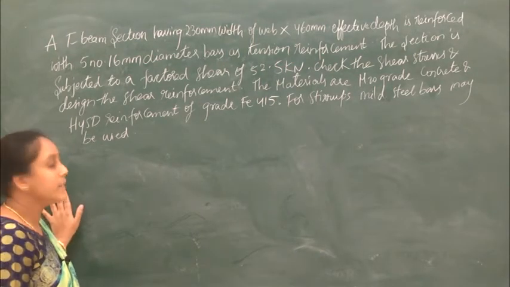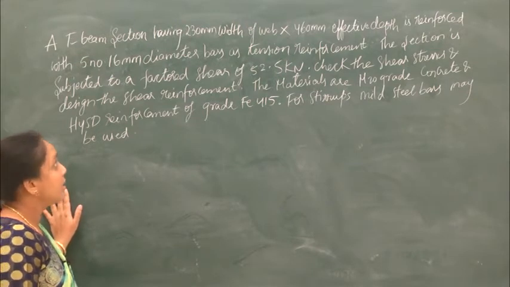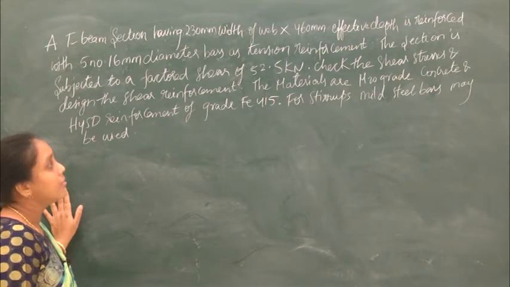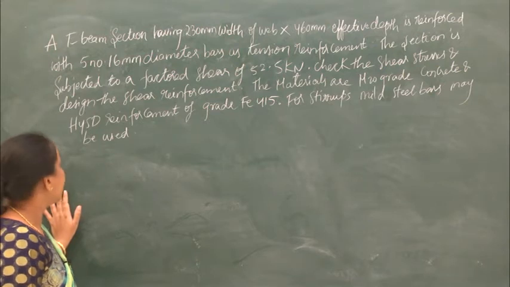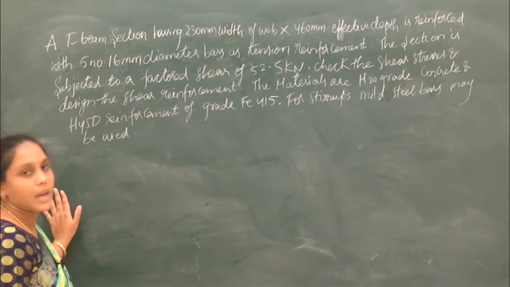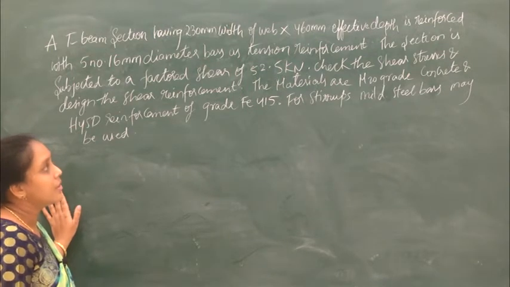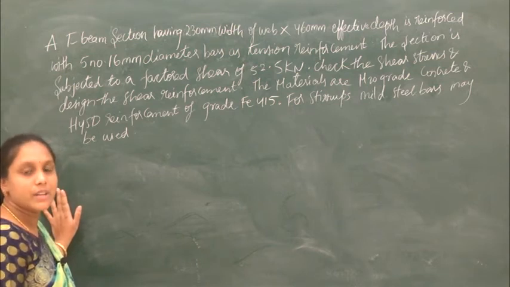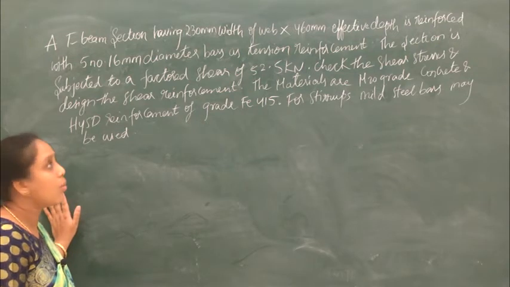So the question is a T-beam section having 230 mm width of web and 460 mm effective depth is reinforced with five number 16 mm diameter bars as tension reinforcement. So here what has been given?